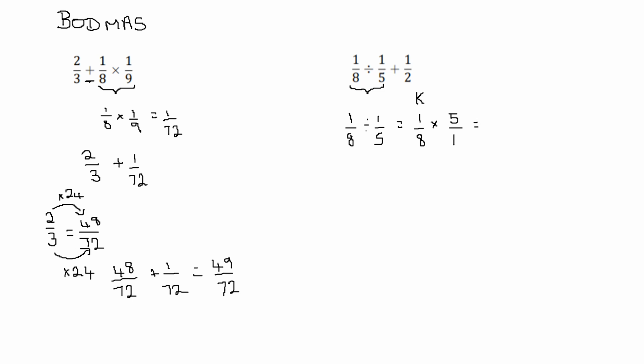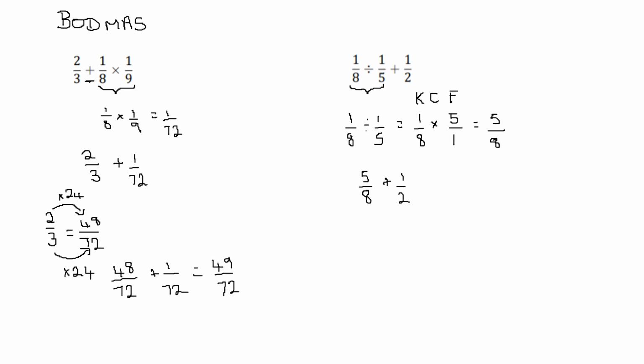So we keep, change, flip, and then I'm just going to multiply across. 1 times 5 is 5, and 8 times 1 is 8, and then I can do my addition. I've now got 5/8 because I've done that division, and then I'm going to add on a half.